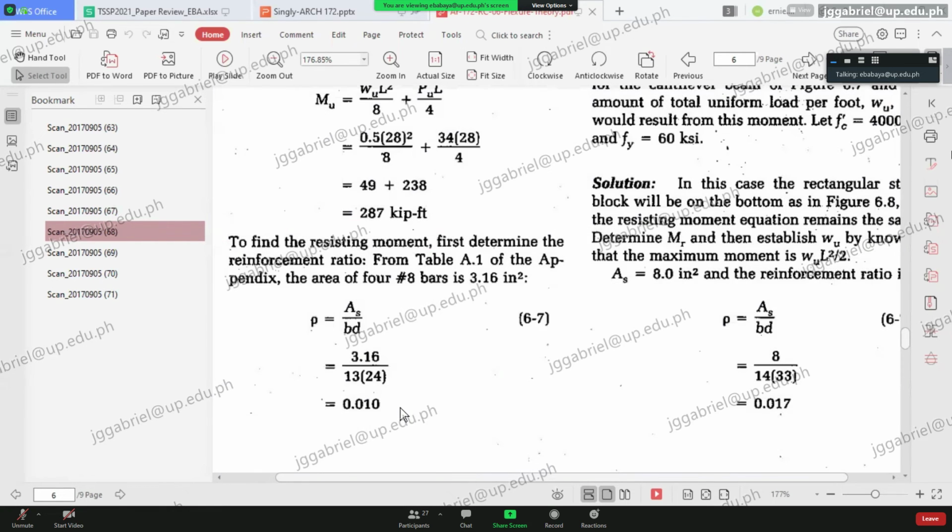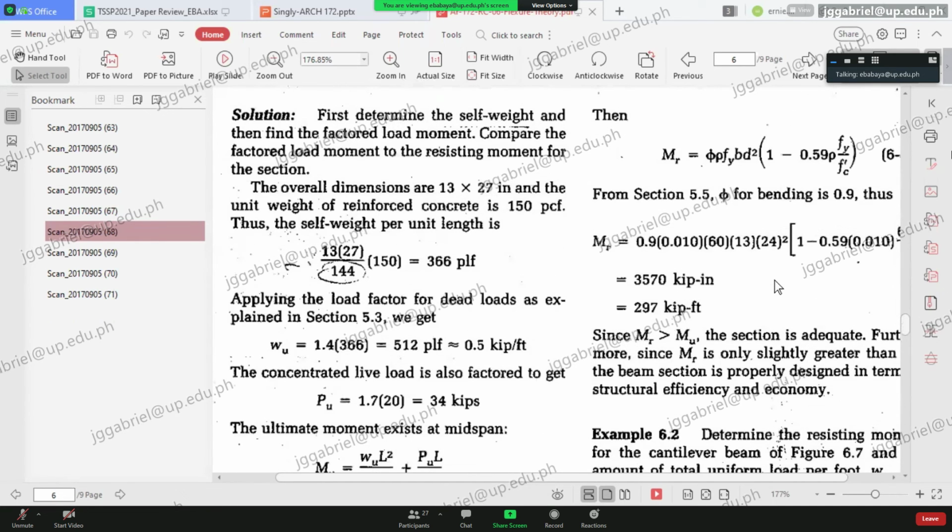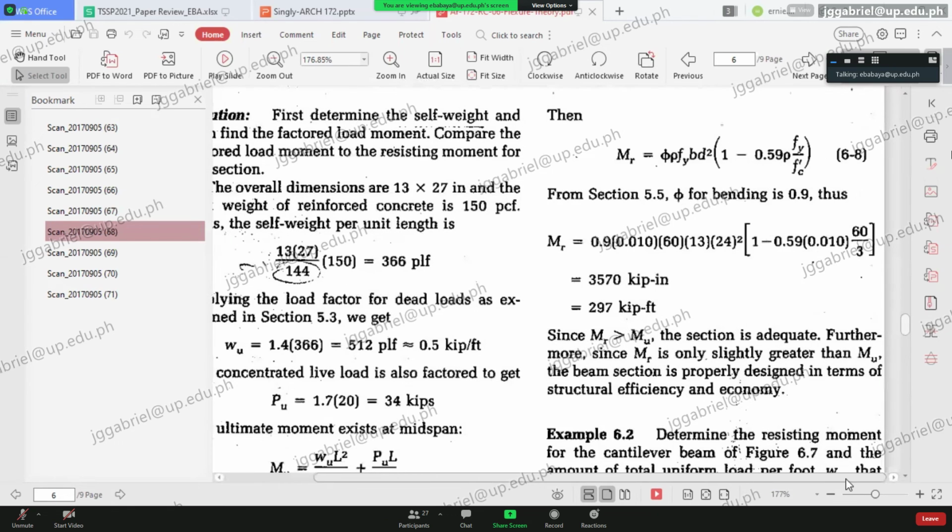Okay, we compute for rho. AS, that's 3.16, is the total area of steel, over 13 times 24. Your B is 13, your D is 24. So your rho will be 0.01. Now, applying the resisting moment, apply all the values here.